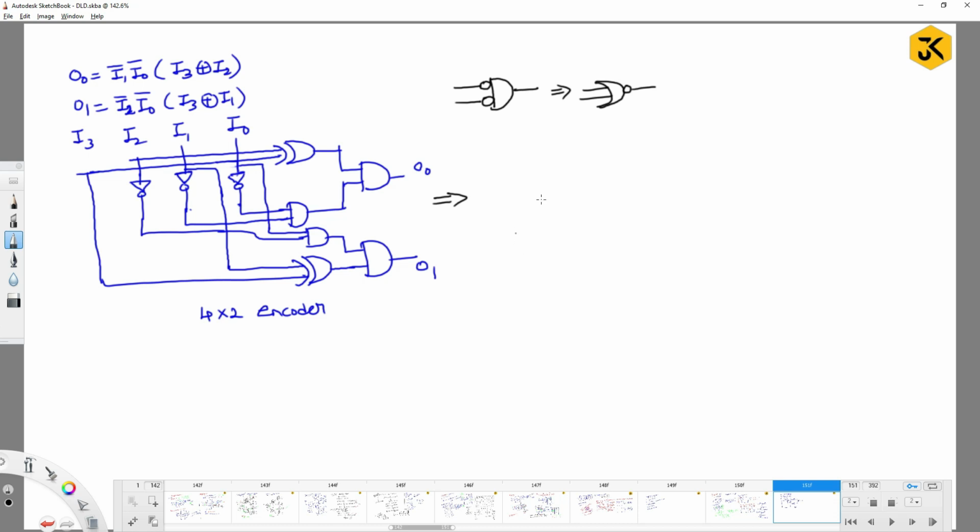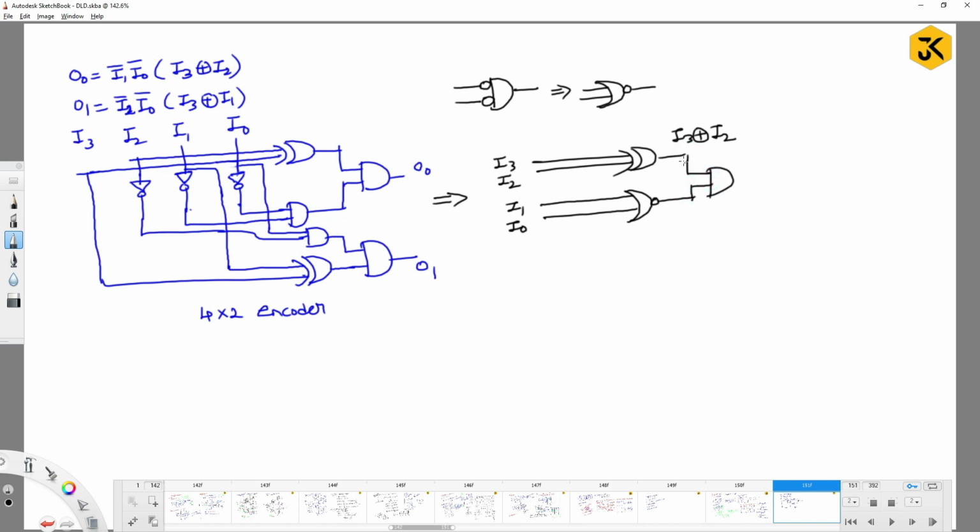So in some textbooks you may observe this kind of symbols also. If I am going to have the inputs, this is XOR for what operation? I3 is going to XOR with I2. What is this one? I1 bar into I0. I1 bar into I0 means I can write I1, I0 like this. Finally, you do an AND operation.